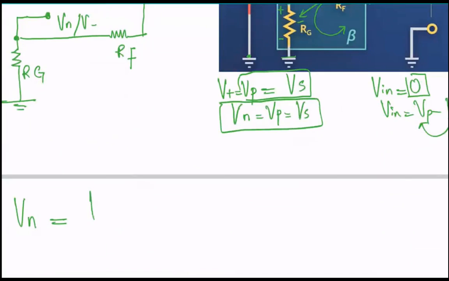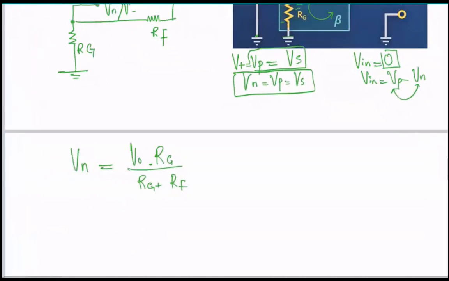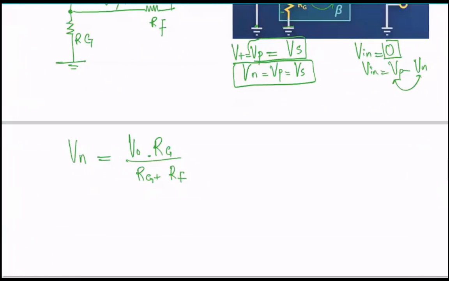Vn equals V out times RG divided by total resistance RG plus RF. And because Vn here is equal to Vp, which is Vs, I can also write it down as Vs equals V naught times Rg over Rg plus Rf, correct?